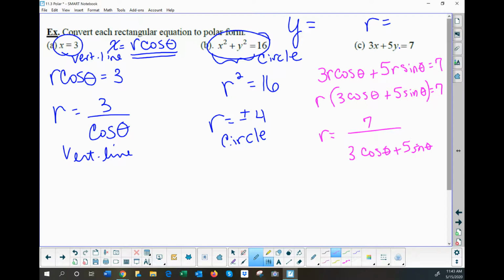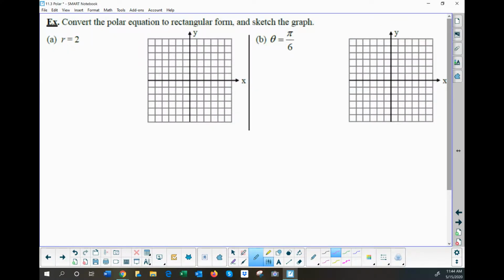Not as easy to figure out what that one represents, right? It would be some sort of linear function. Think about solving that for y. So we can see we got first degrees on both of these. We know this is a linear function. So this too will map out as some sort of line. Okay. How many more do we have left? Oh, that was it. Got it.